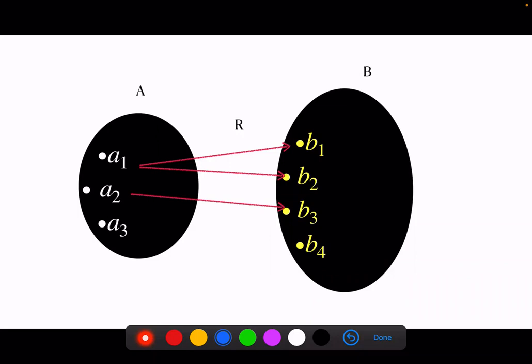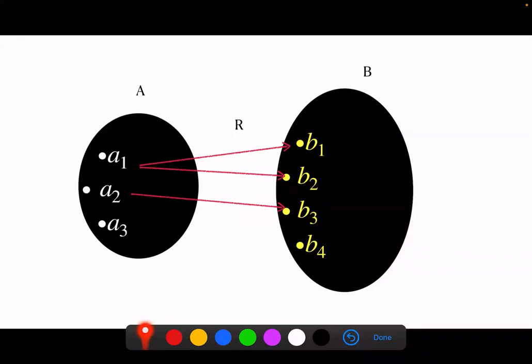Sometimes people say that you're beginning from A and then trying to go to B. It's not necessary, but it really looks like that. You're mapping an element in set A to an element in set B. You're doing some kind of mapping, making some kind of connection here.